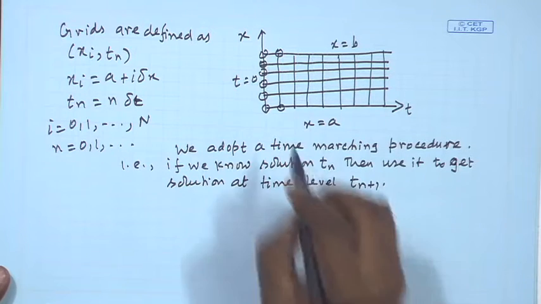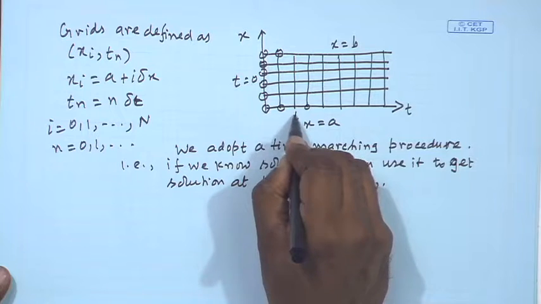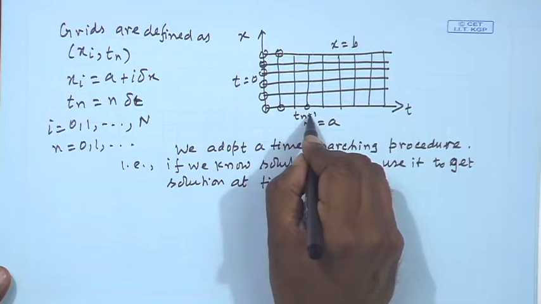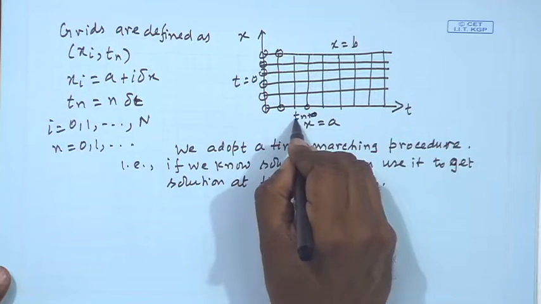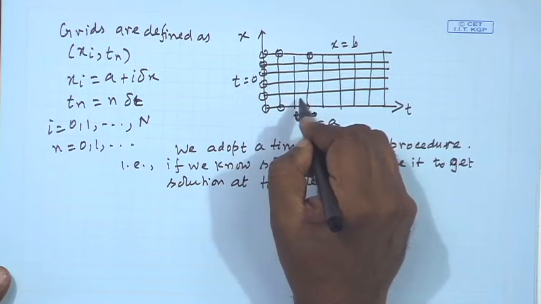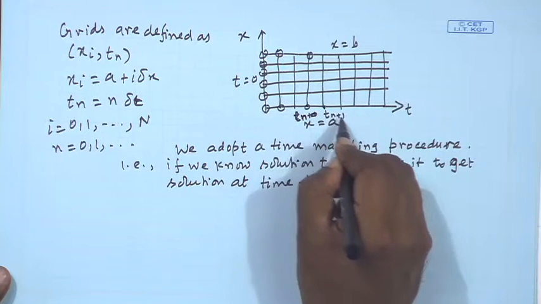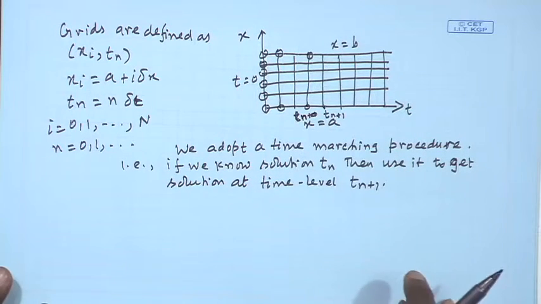So suppose at a certain stage I know the solution, let us call this t_n. I know the solution at all these points, and this is t_n plus 1. So this needs to be obtained.